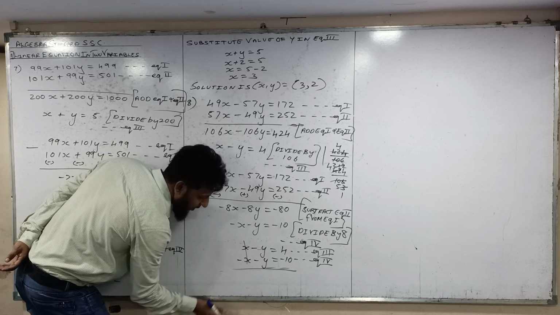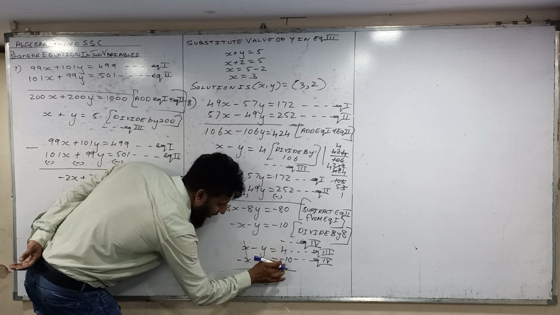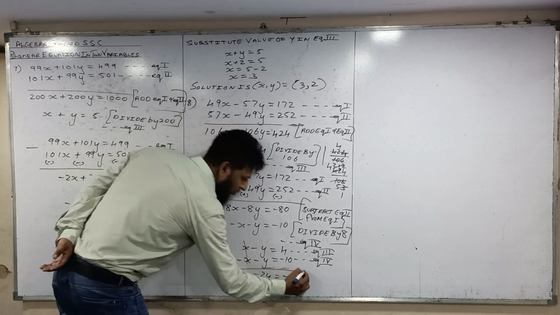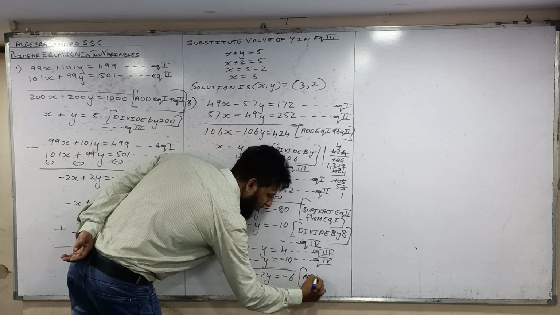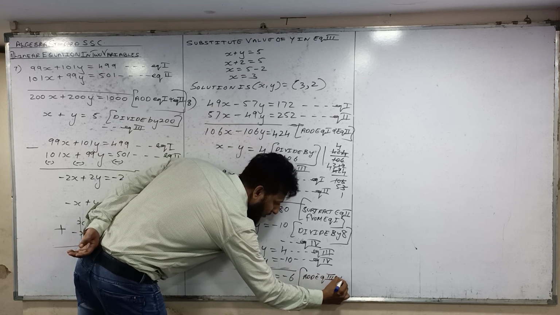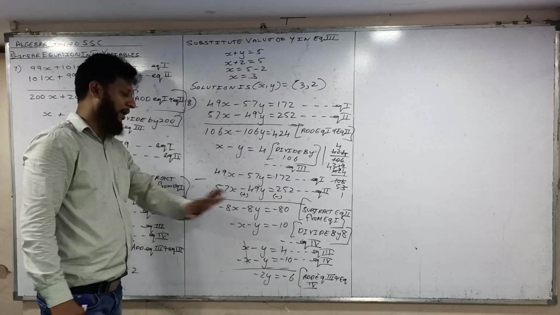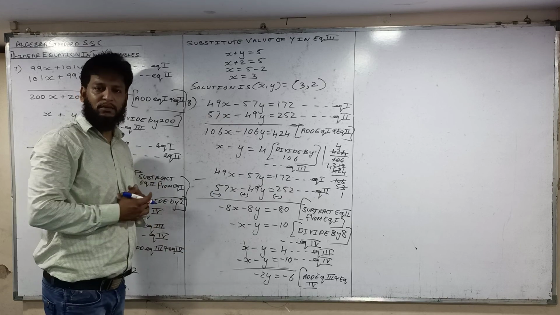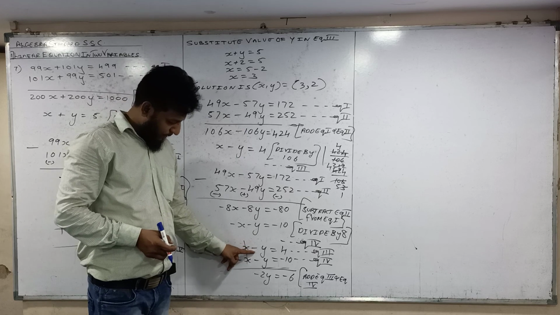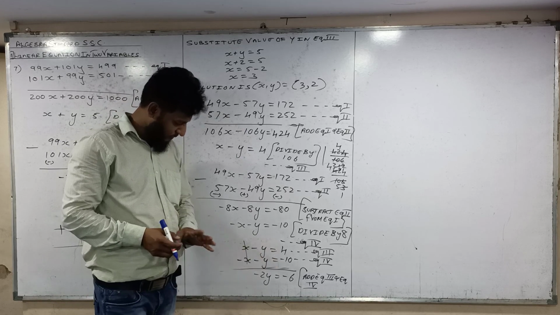Write add: add equation 3 and equation 4. Plus x minus x cut, minus y minus y is minus 2y, and minus 10 plus 4 is minus 6.